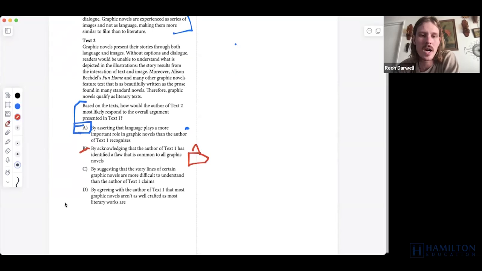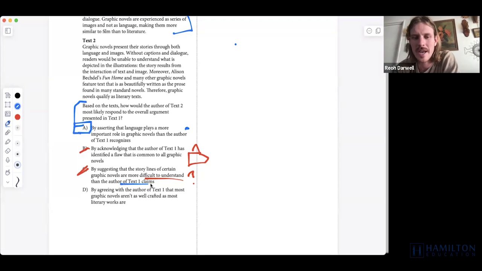C, the storylines being difficult to understand is not a stand-in for the complexity or depth of written word, right? Difficult to understand means it's unclear. It could be more difficult to understand than the author of text 1 claims because they're just poorly written, right?